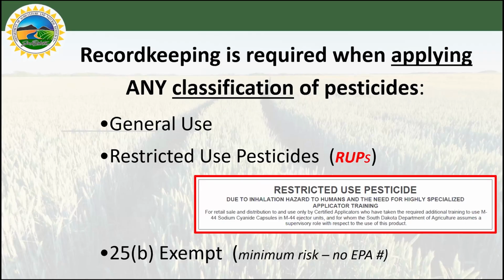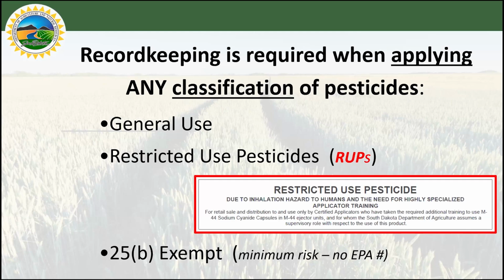But farmers and ranchers applying to ag land that can potentially produce $1,000 or more of ag product, that is a requirement. Even though anyone can purchase general use, to apply it on a farm and ranch it does require that you have a private applicator license.